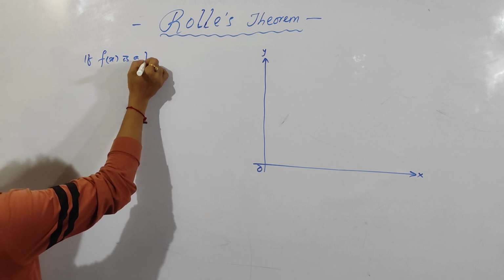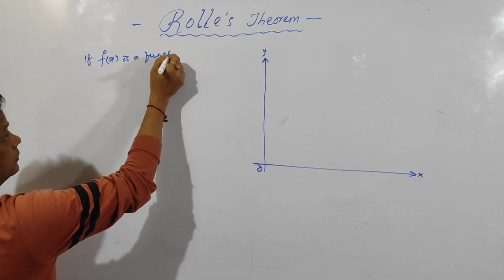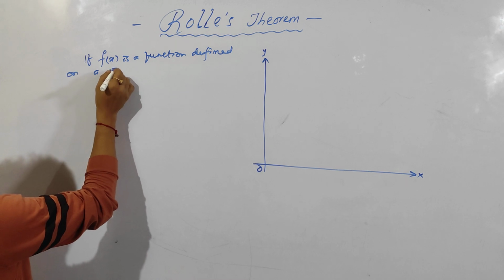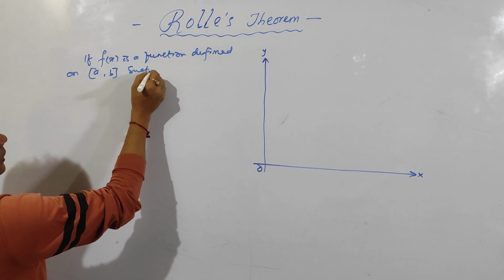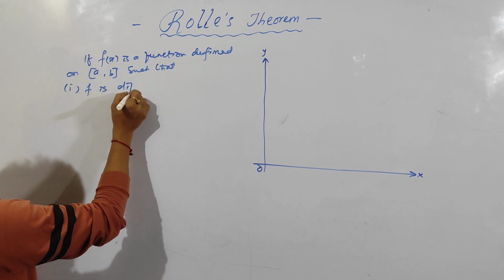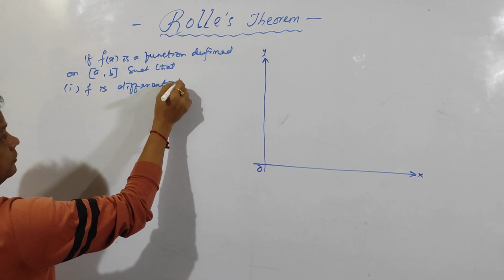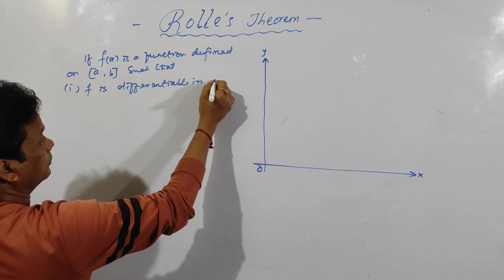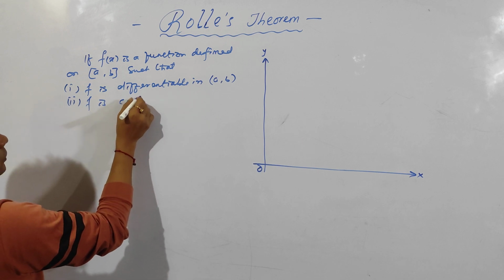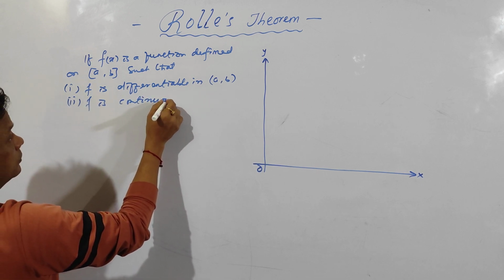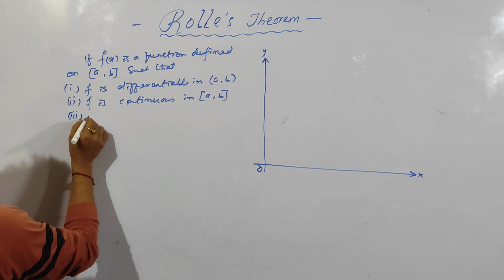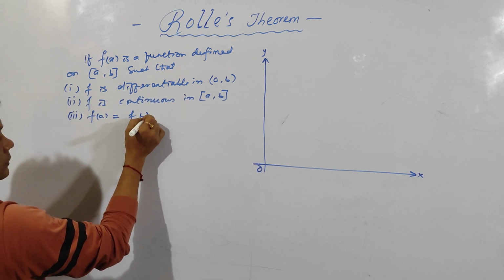If f of x is a function defined on closed interval AB such that in bit 1, f is differentiable in open interval AB, in bit 2, f is continuous in closed interval AB, and in bit 3, f of A is equal to f of B.